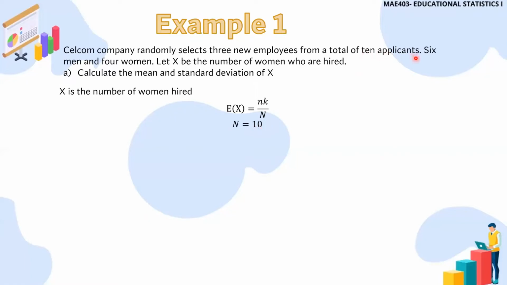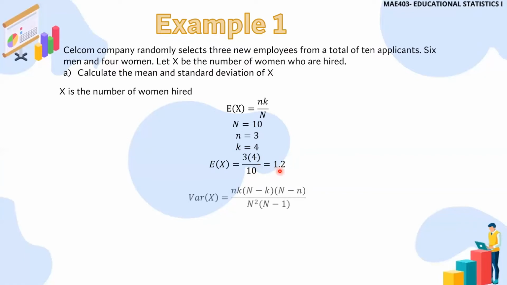Here, we have 10 applicants and the sample size is 3, because 3 new employees are selected. K refers to the classification in the question, which is women. The company has only 4 women, therefore K is equal to 4. So substitute into the formula to find the mean: 3 times 4 divided by 10 is equal to 1.2.